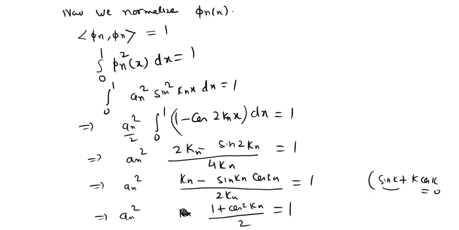So what will be an? This implies an will be the square root of 2 divided by 1 plus cos square kn. So if you multiply this phi n with this an, then you have normalized eigenfunctions.